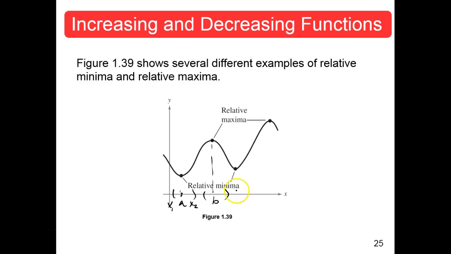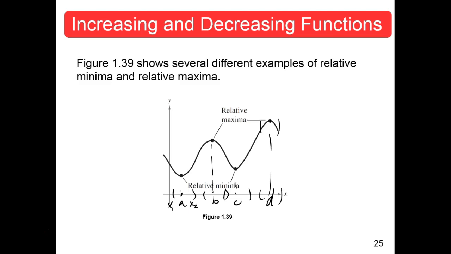And again here, this could be your C, and then pick an x1, x2 around that, and for all the other values, f of x is greater than f of C. Same thing here, maybe this is your D. Pick an interval here, and all the values around there are less than or equal to f of D. Does that make sense? By definition, the graph is so much easier just to look at and see. Any questions?